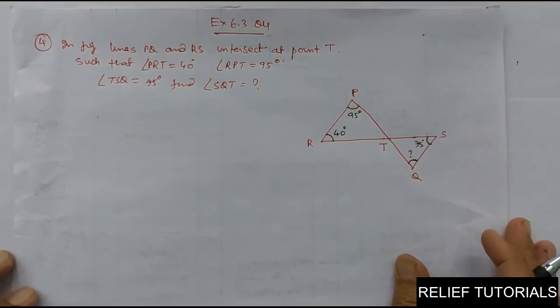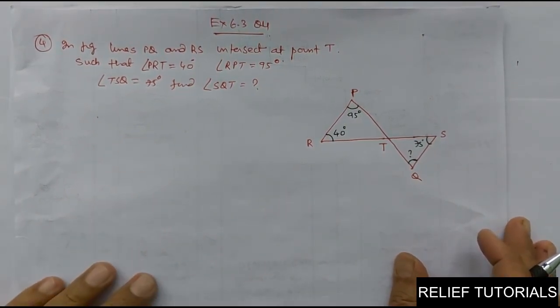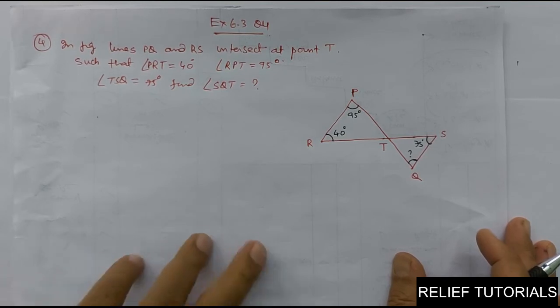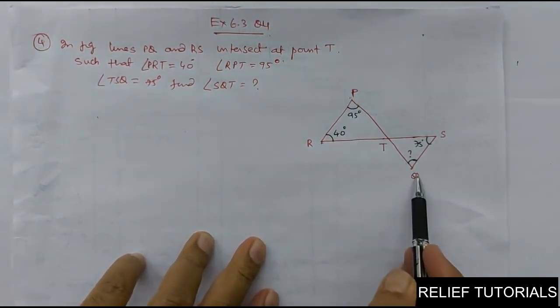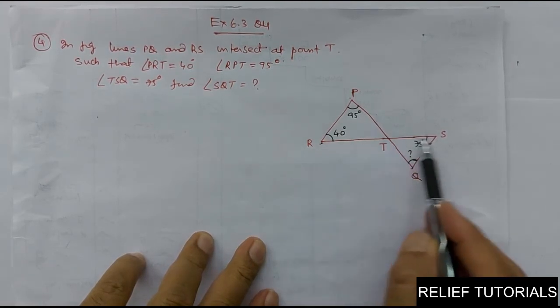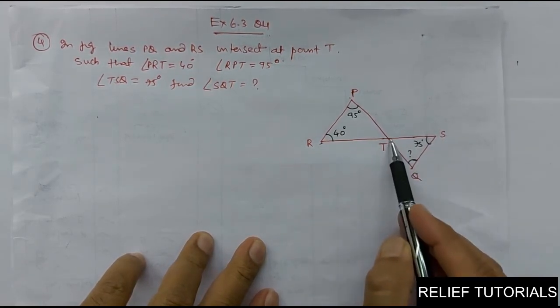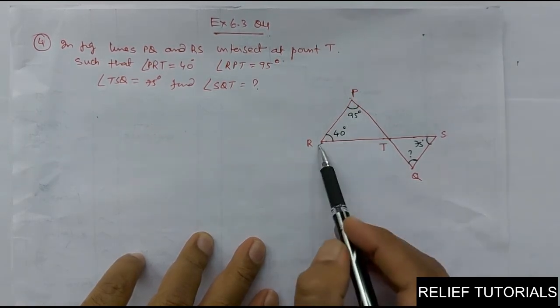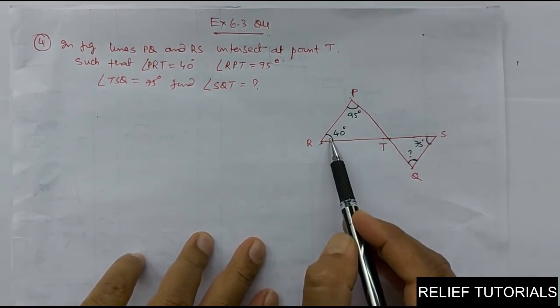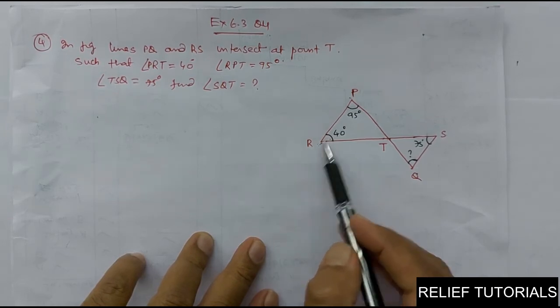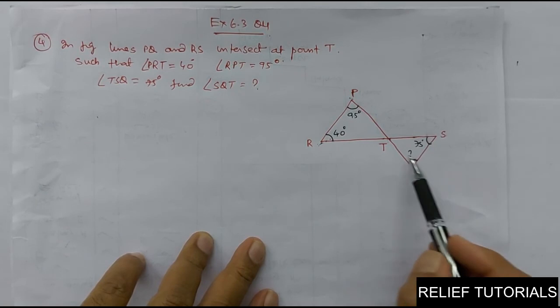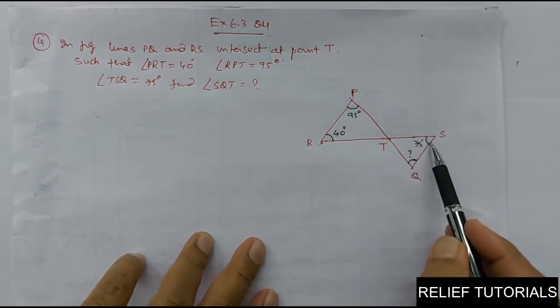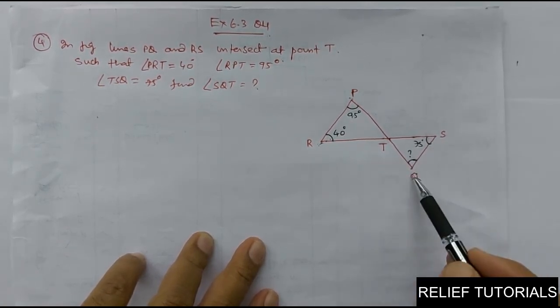Now we will discuss question number 4. See, here it is given that line PQ and line RS both intersect at point T such that PRT is 40 and RPT is 95, then TSQ is 75 and you have to find SQT.